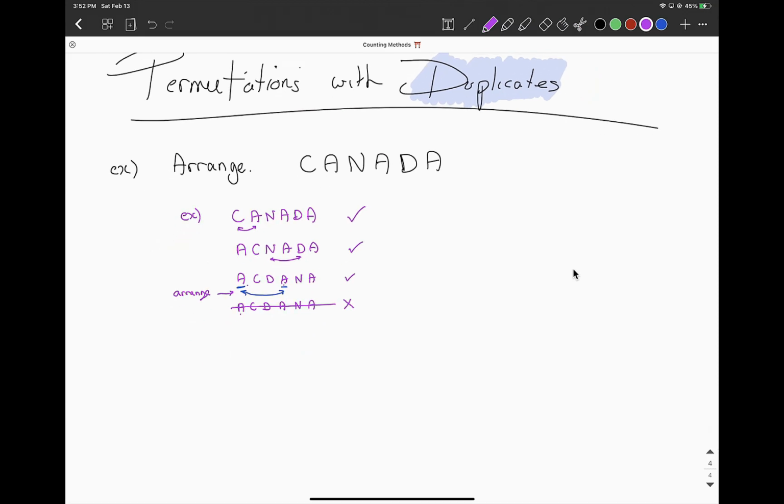So here is the logic and the strategy. I'm still going to employ the fundamental counting principle. Here is my sample space, C, N, D, A. And yes, I have to say that there are 6 items in my counting when I go to arrange this word.